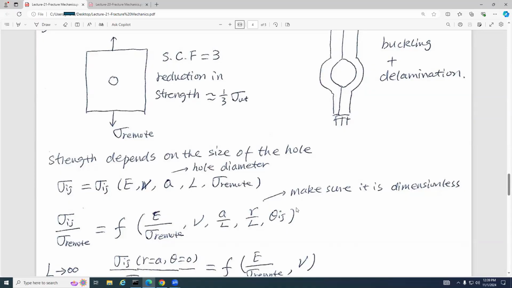So here is my hole, this is the origin with X and Y axes, and this is my generic point.